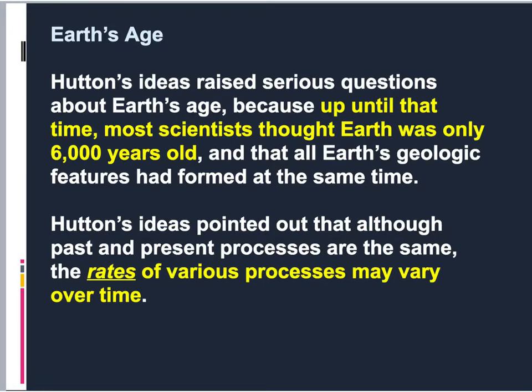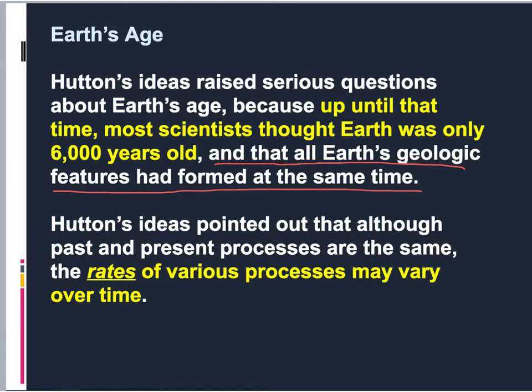We had a lot of people relying on biblical interpretations of the Earth's age. We had some basic comparisons of different rocks, but really not much else. So what they really thought was that all the Earth's geologic features, so mountains, canyons, land masses, all that, formed at the same time.